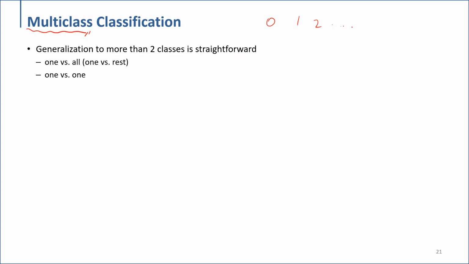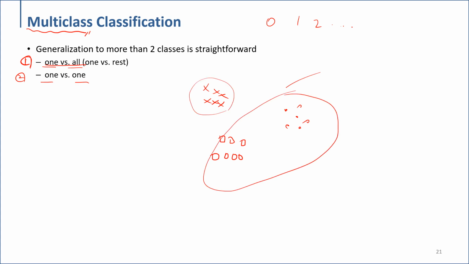So the idea is that you may think of one versus all, or one versus rest, or one versus one. Let's say we have data points like this. So we have three classes. The first algorithm is one versus all. You may classify this one class against the rest of the data, and by using this, you can find the decision boundary for this line.